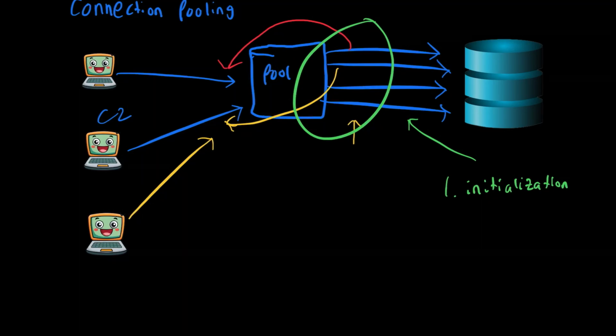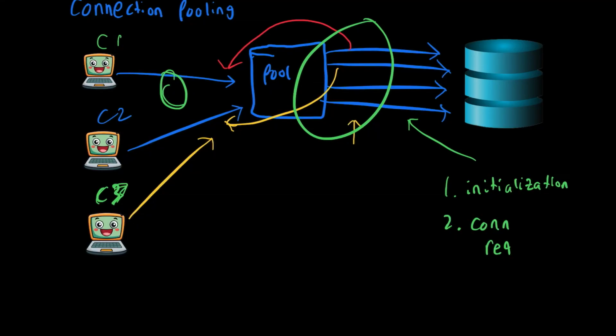And then the second is the connection request. That is this part of the equation right here, where we're allowing our clients to make connections to our database. And this is a really important part because this is what allows the connection between our already created resources and the clients that are trying to connect to our database.